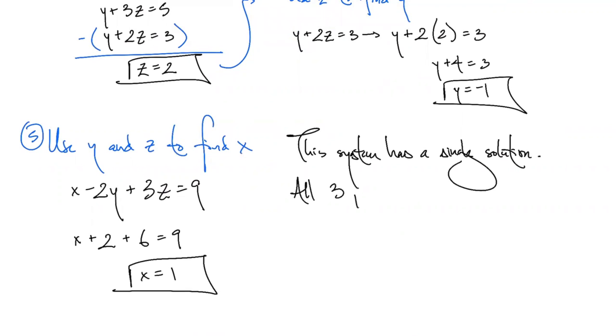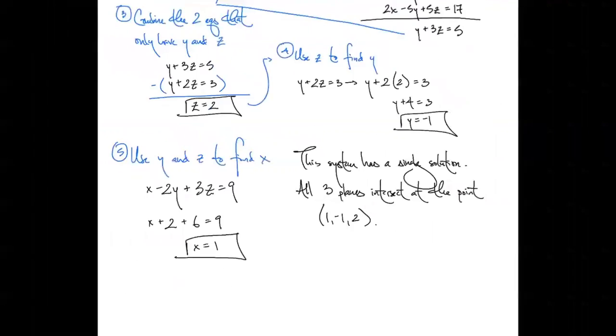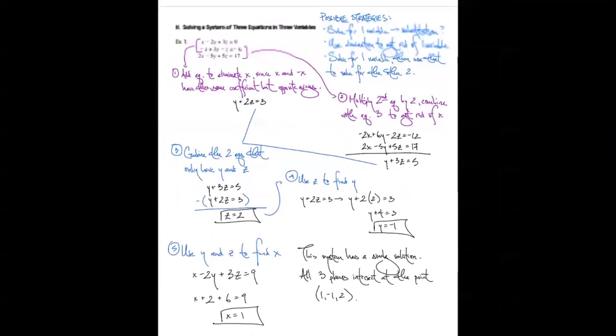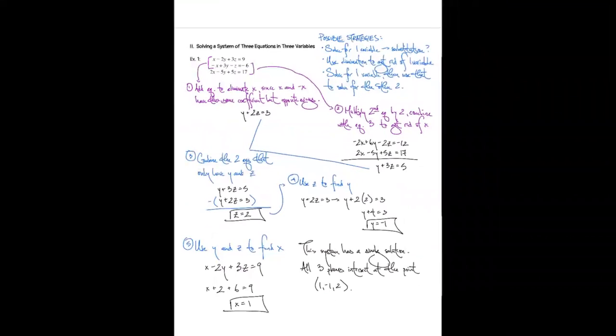All three planes intersect at the point (1, -1, 2). All right, so the system has a single solution. All three planes intersect at the point (1, -1, 2). All right.